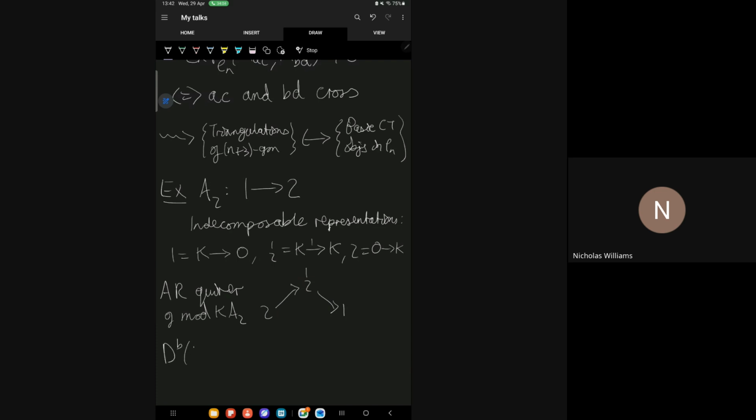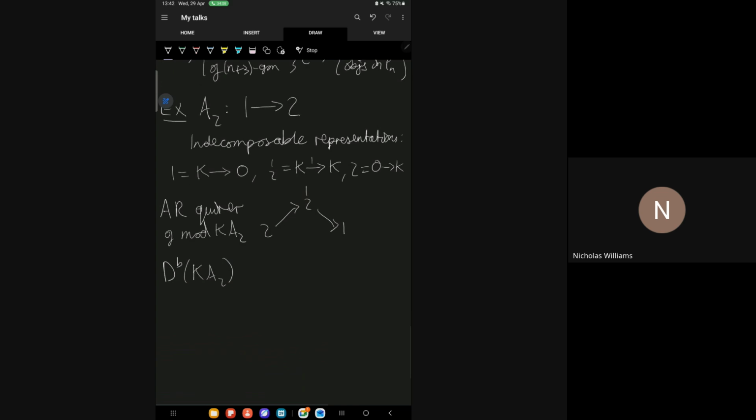If we now look at the bounded derived category of A2, this contains a copy of the module category, and then all of the shifts of the module category. And of course, homomorphisms to shifted objects correspond to extensions. So that's why we get a homomorphism from, for instance, 1 shifted by -1 to 2.